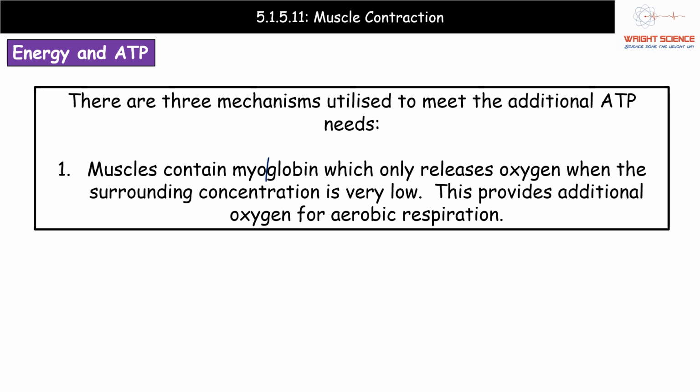So if you've been doing some strenuous exercise, the amount of oxygen circulating within your body is starting to be reduced, then we need a backup plan, and that's our myoglobin. The oxygen concentration drops, myoglobin releases the oxygen and therefore gives us oxygen for aerobic respiration to continue. And aerobic respiration produces about 38 ATP molecules for each molecule of glucose respired.